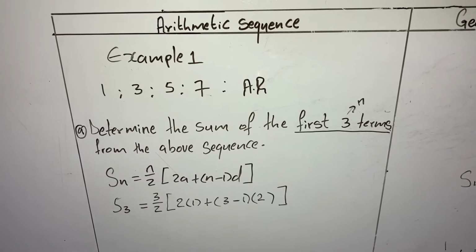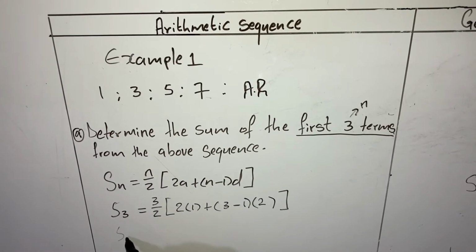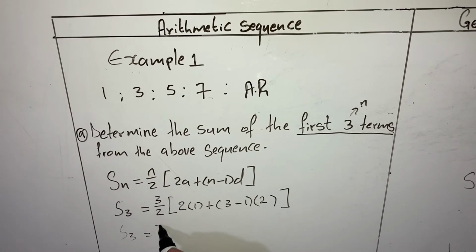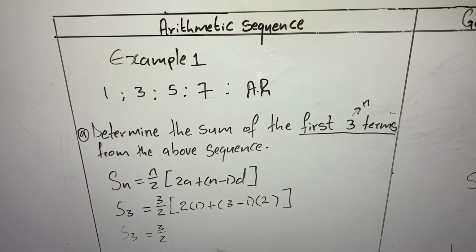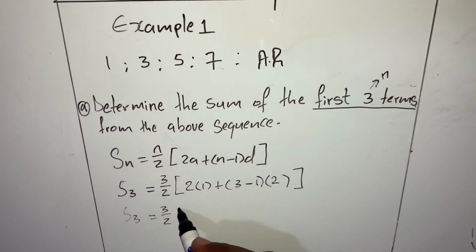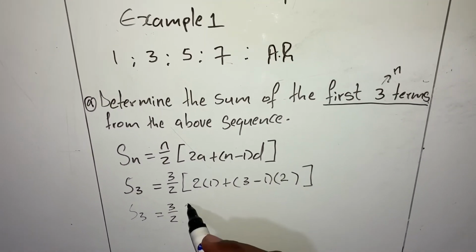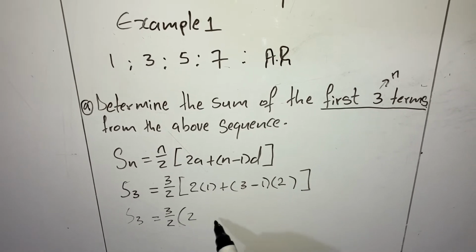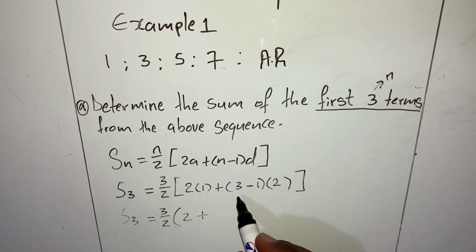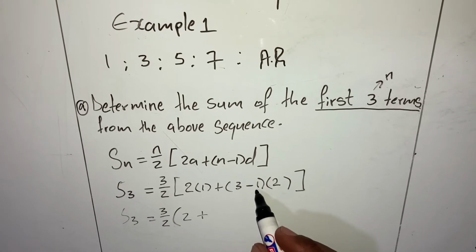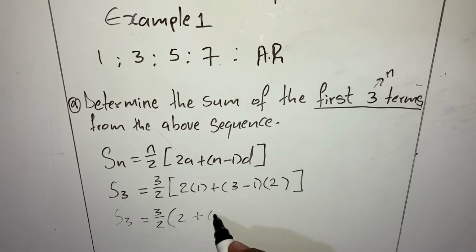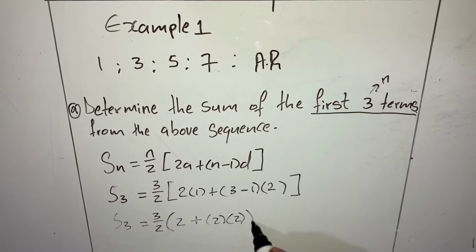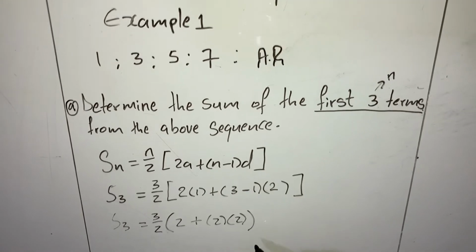Then we go back to our sum. The sum of 3 terms will have 3 over 2, then inside, following BODMAS, we have 2 times 1, which is 2, plus (3 minus 1), which is 2, times 2. Close the brackets.